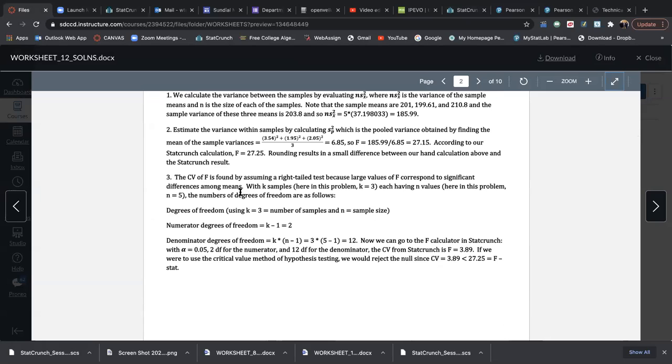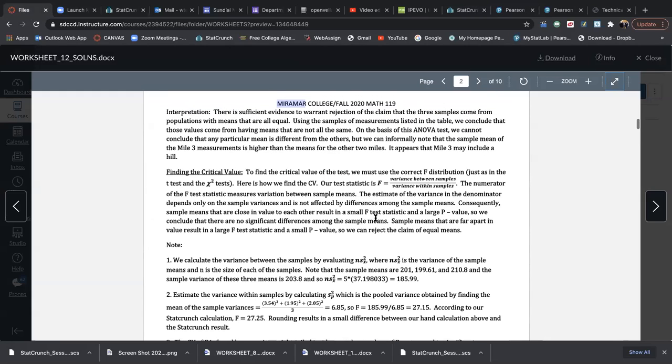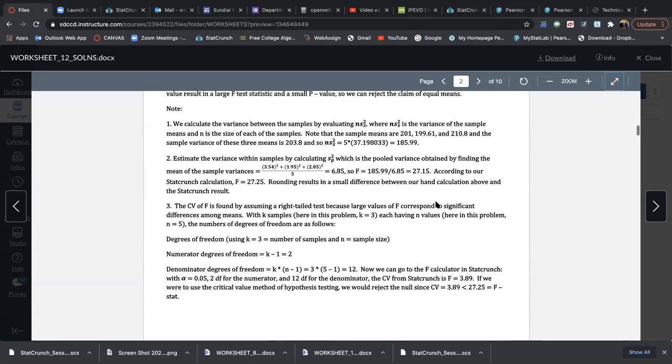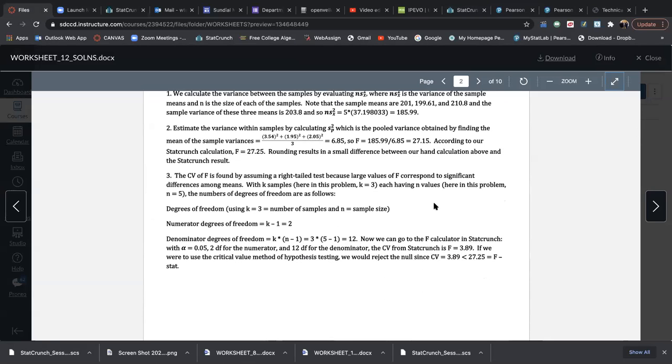And again, we know that when the ratio is large, the ratio of the variance between the samples over the variance within the samples, if that's large, we're going to reject, okay? All right, so what does large mean? Well, that depends on the critical value.